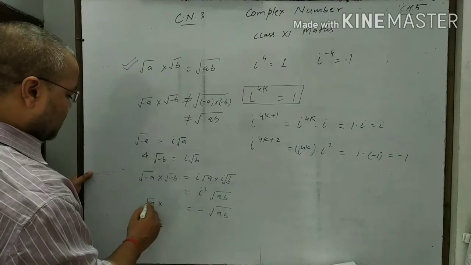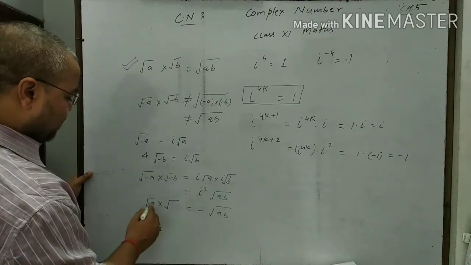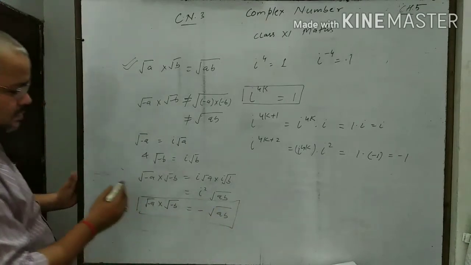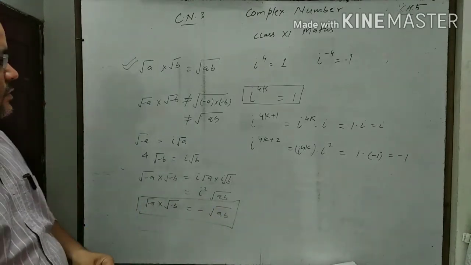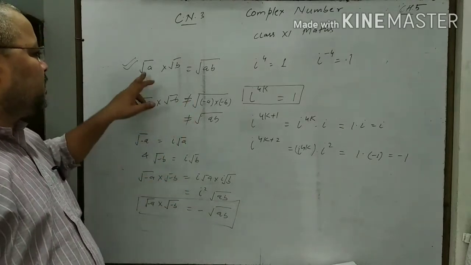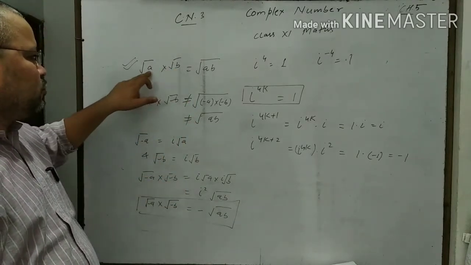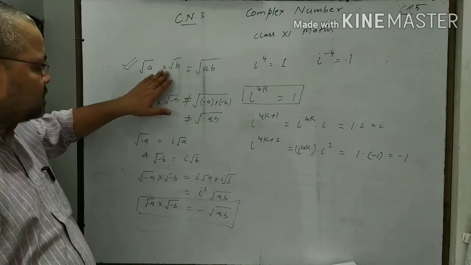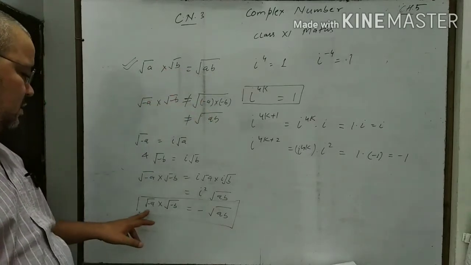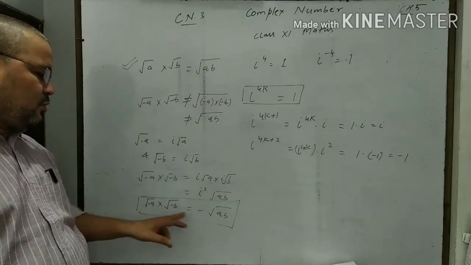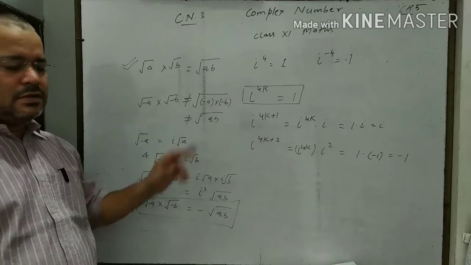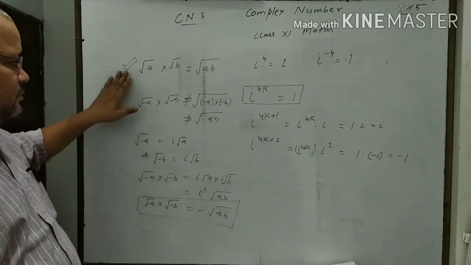It means under root minus A into under root minus B is equal to minus under root AB, not under root AB. Here we make a conclusion that this rule is correct only if we have two positive values under the root. Otherwise, the value will be equal to this, not that. You should be careful here.